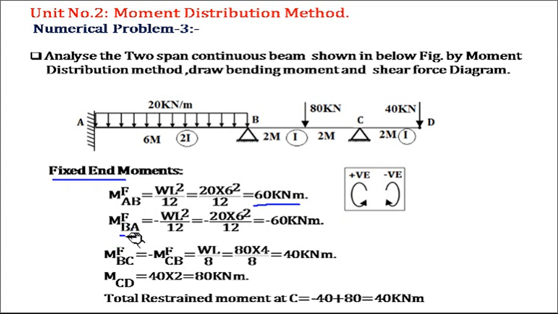Fixed moment in member BA is minus 60 kilonewton meter. Fixed moment in member BC is plus 40 kilonewton meter, and fixed moment in member CB is minus 40 kilonewton meter. And moment in member CD is 80 kilonewton meter. These were the fixed moments in different members of the continuous beam.